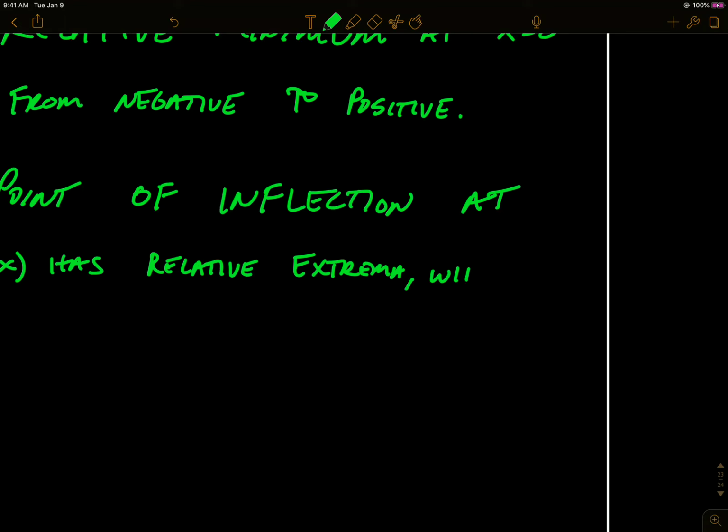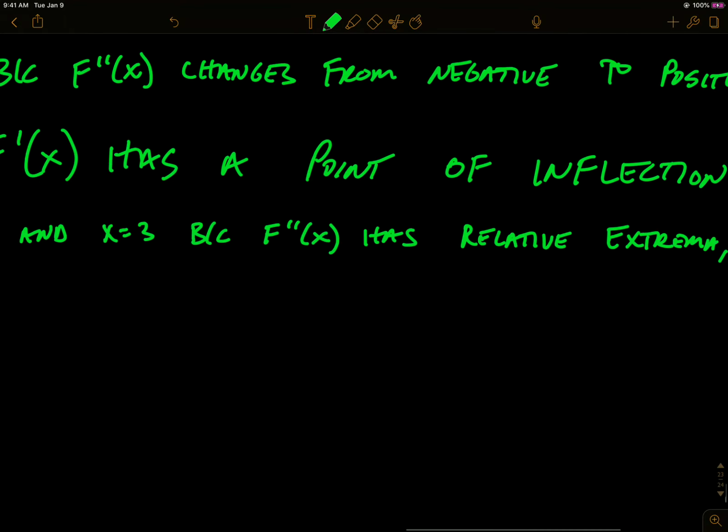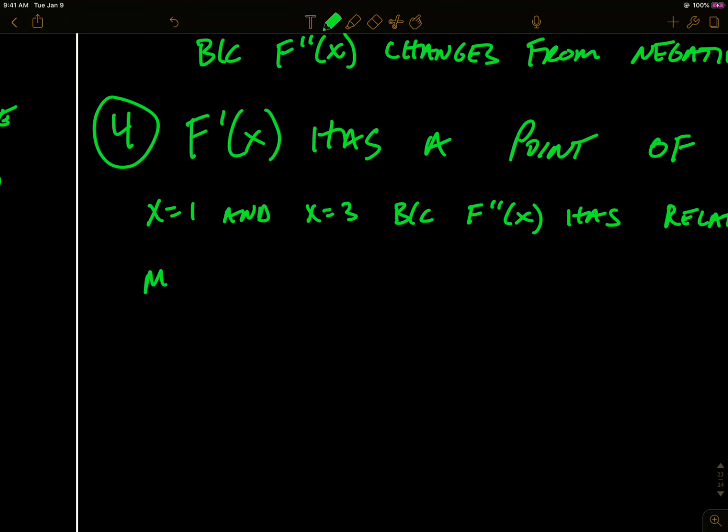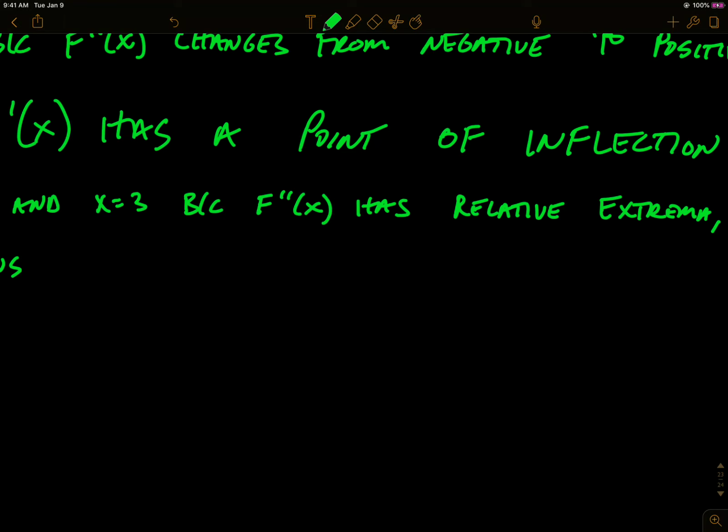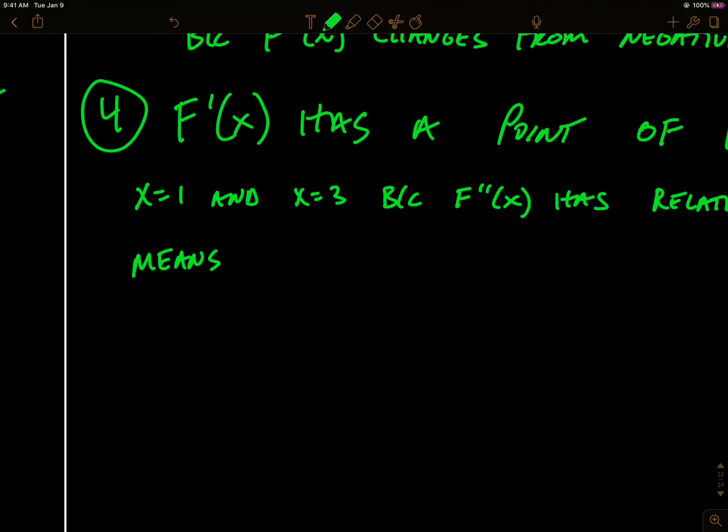And that means, just to say why you know that, f prime would have a point of inflection where f triple prime changes signs, and that's going to happen where f double prime has relative extrema. So we'll say, which means f triple prime changes signs.